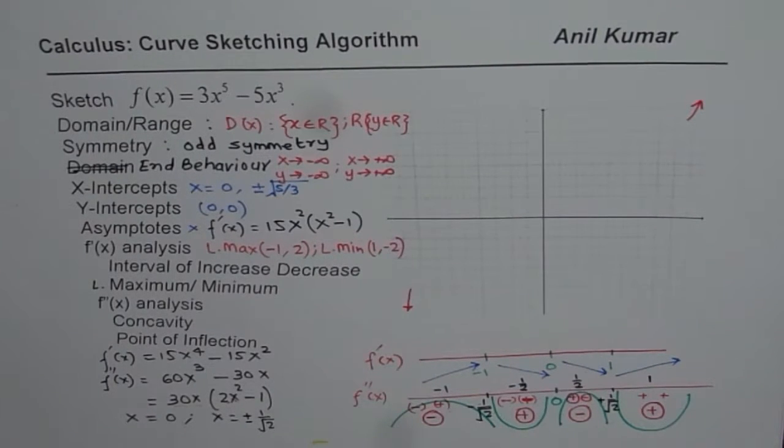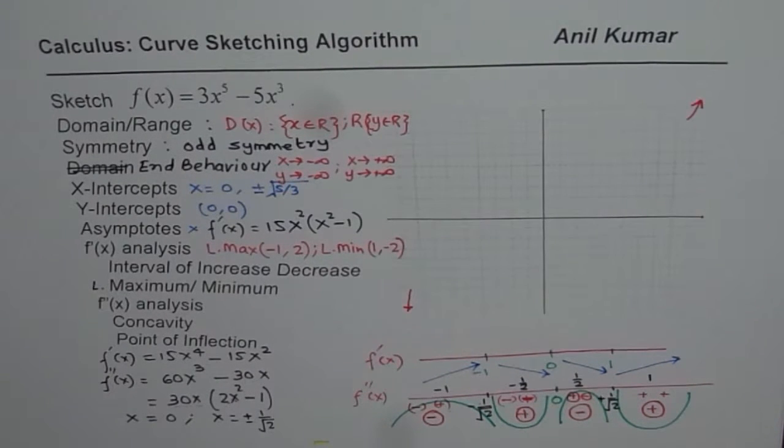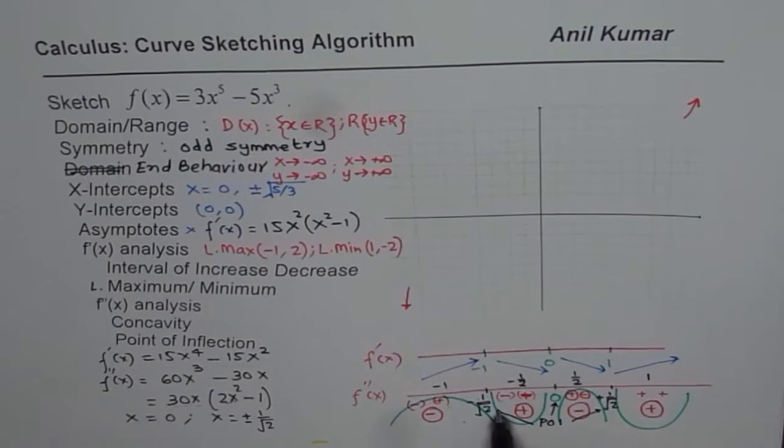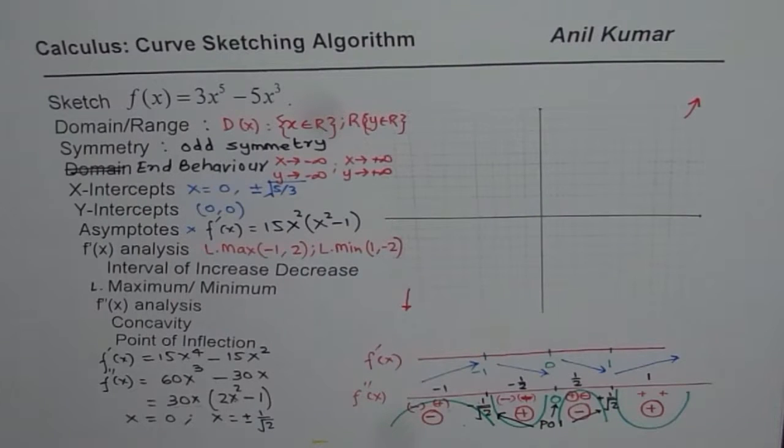From here clearly we see that we have a couple of points of inflection. The concavity changes at each one of these points. So all these three critical points result in points of inflection, right? So we have 3 points of inflection, one at 0, the other two at plus minus 1 over square root 2, correct?